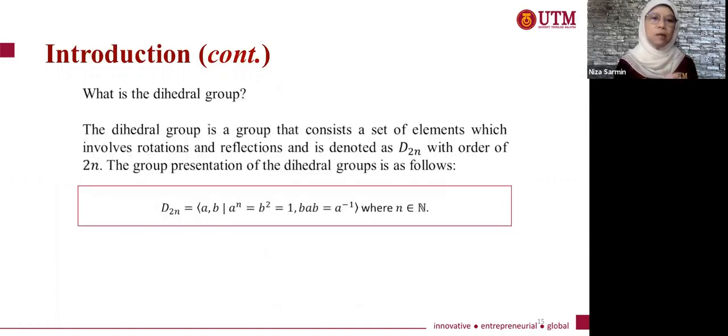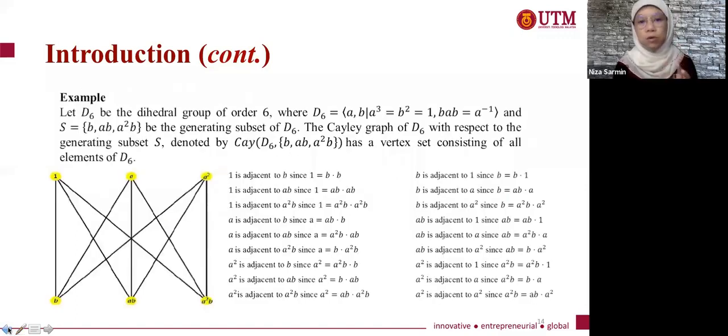So as an example, we let D6 be the dihedral group of order 6, and B, AB, and A squared B is the generating subset of D6. Then the Cayley graph of D6 with respect to this generating subset has a vertex set of all elements of D6: 1, A, A squared, B, AB, and A squared B, and we check whether they're adjacent.